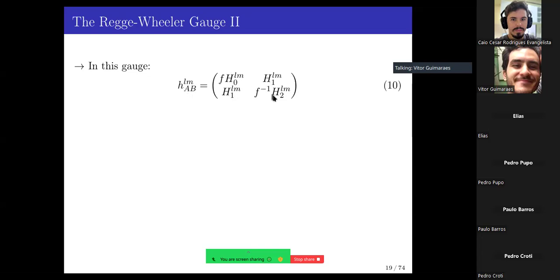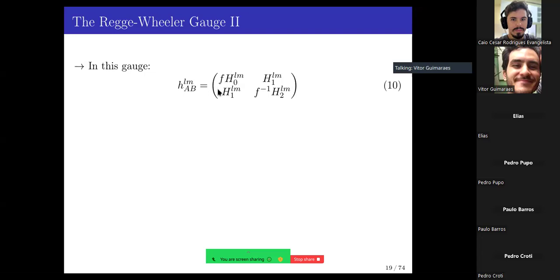These are all functions, h0, h1, and h2 are all functions of t and r. f is exactly the f from the Schwarzschild metric, which in the case of a Schwarzschild metric is equal to 1 minus 2m over r.